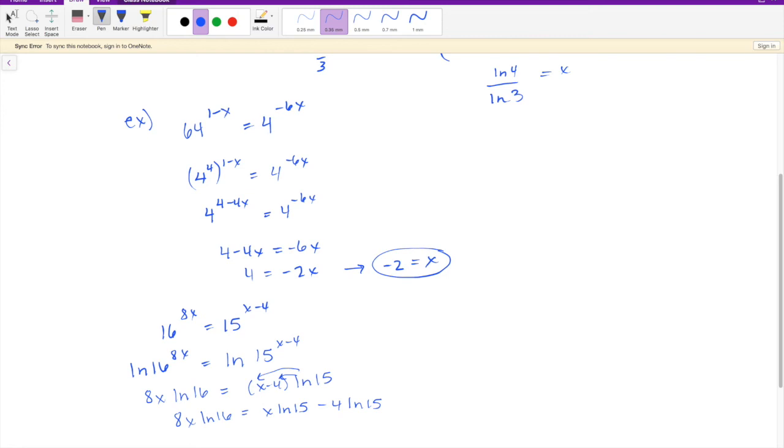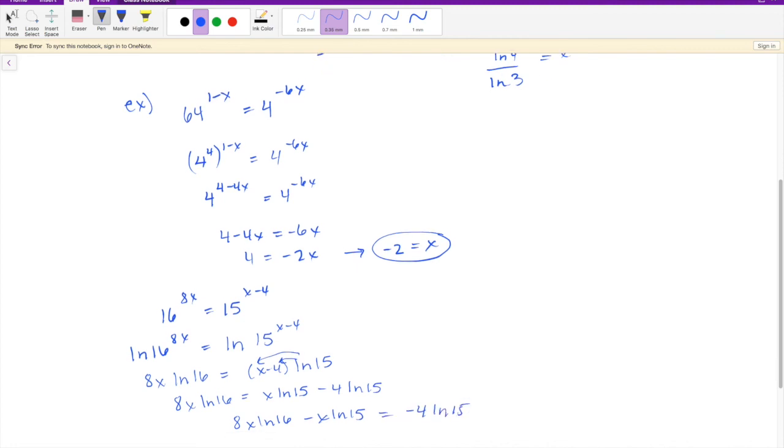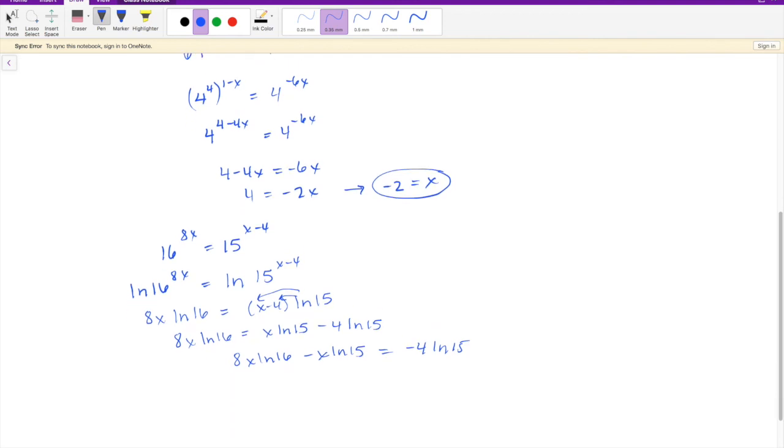Now, because I'm trying to solve for x, I want anything that has an x on one side and anything that doesn't on the other. So I'm going to take this x term to the left. So 8x natural log of 16 minus x natural log of 15 is equal to negative 4 natural log of 15. Okay, so take an x out, so that's how I can get it by itself.